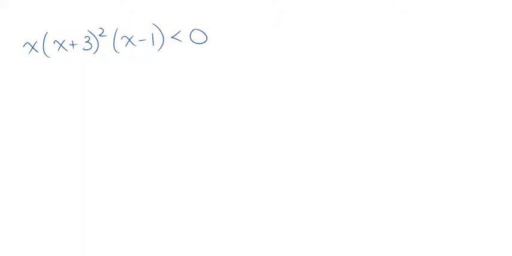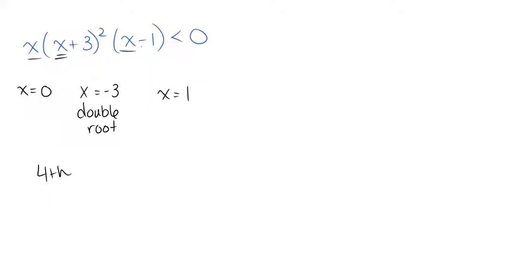I don't need to factor it because I already did that for you. I'll just find the roots, which are 0, a double root at -3, and 1. I know it's a 4th degree polynomial, since that's squared. With a positive leading coefficient, my end conditions are Q2, Q1.